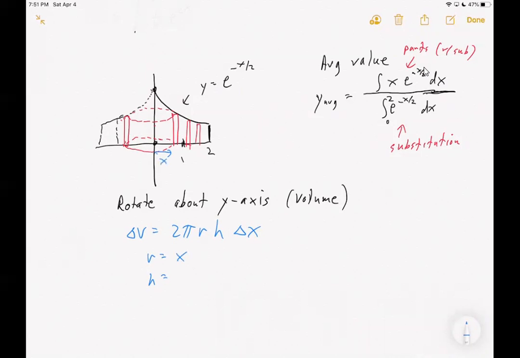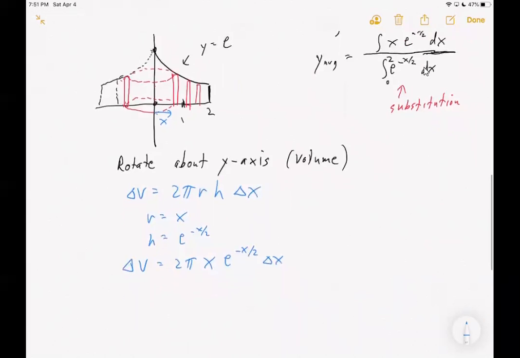So all of these rectangles that we would rotate around to form cylinders are x away from the y-axis, right? How tall are they? They are e to the negative x over 2 tall. Okay, so my volume element would be 2 pi x e to the negative x over 2 delta x.